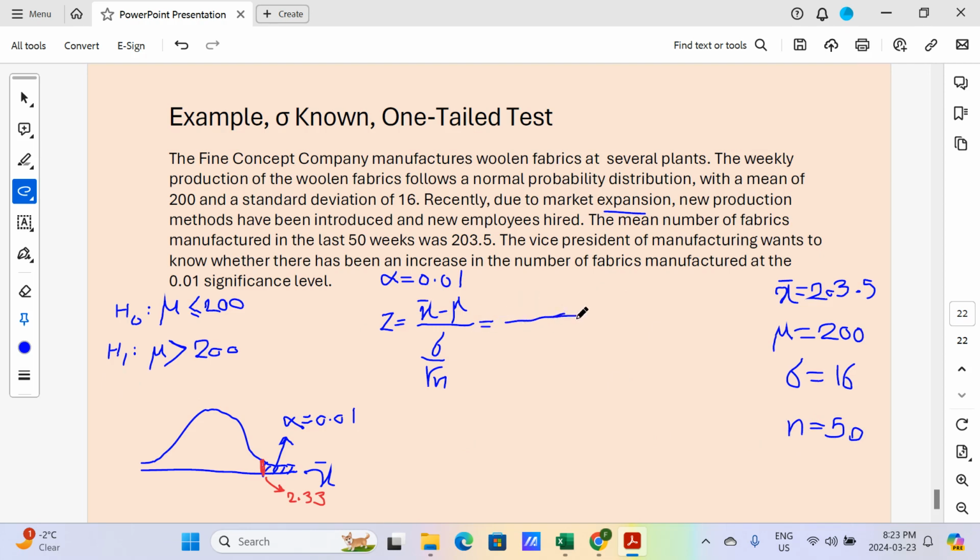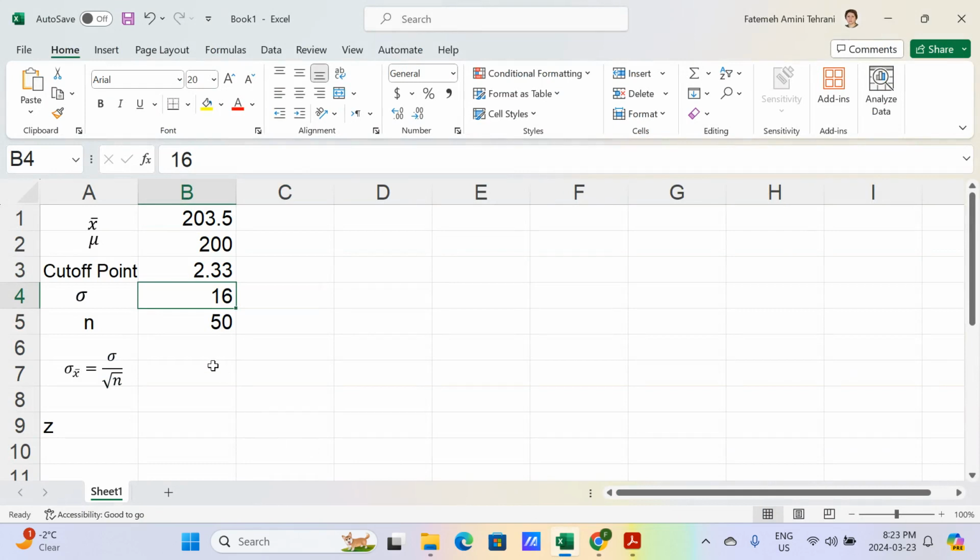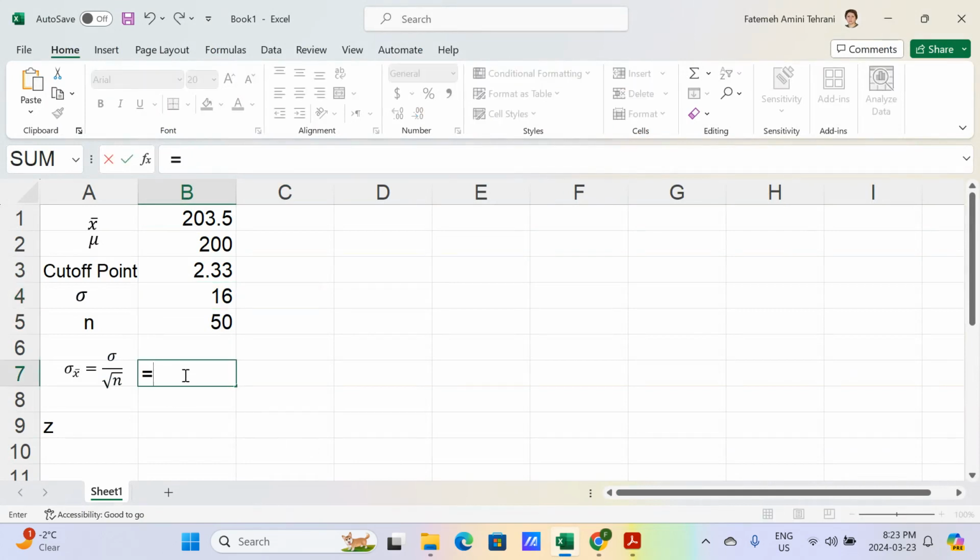Let's do this calculation in Excel. Look here, X bar 203.5 minus 200 over 16 over a square root of 50. Let's go to Excel to find Z. First, I'm going to find sigma over square root of n, then I'm going to recall that in Z, because it's a part of the formula.